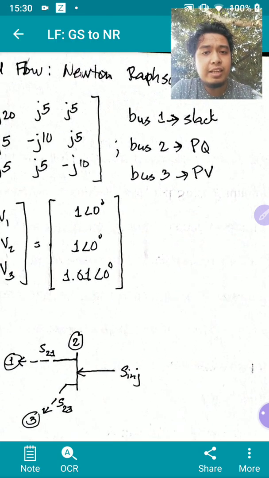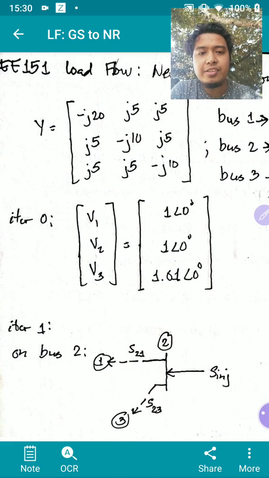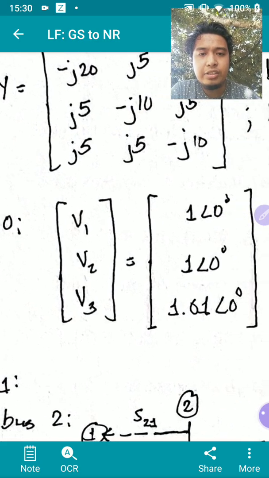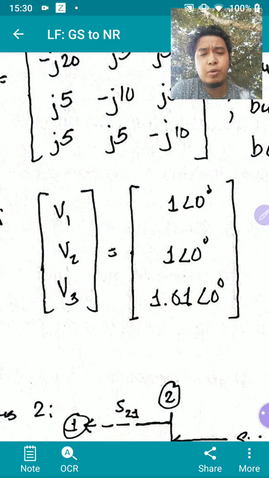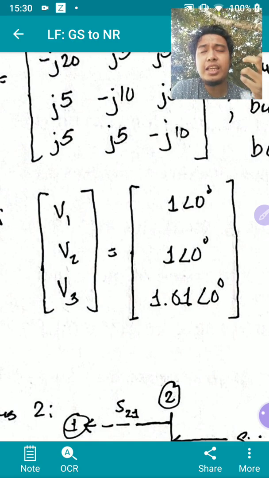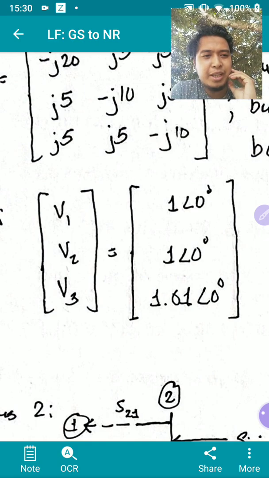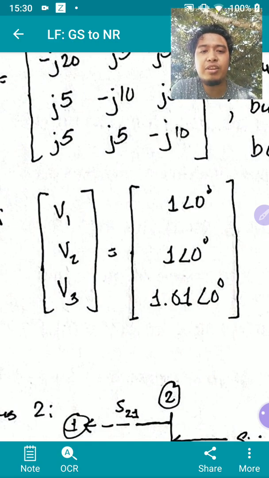So of course, as for every load flow method, we'll start with our initialization of the voltages. For initialization, we can use any arbitrary value actually. But of course, why make things harder for ourselves if we already have 1 angle 0 or flat voltage?